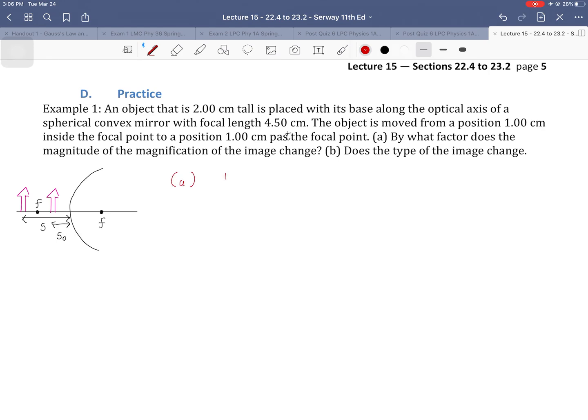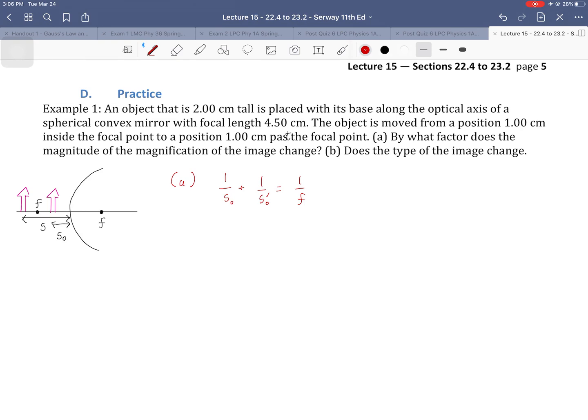We're going to be using 1 over S plus 1 over S prime equals 1 over F. This is definitely the formula we go to for any spherical mirror problem. In this case, we want to find S prime, and this will be S prime naught, because I'm going to do this for the case where we start off inside the focal point.